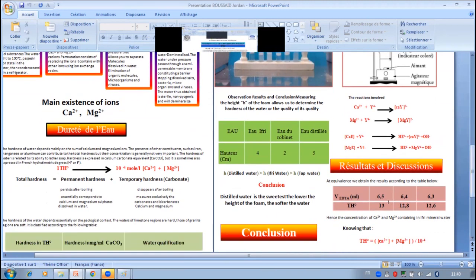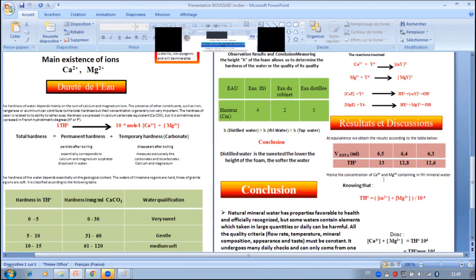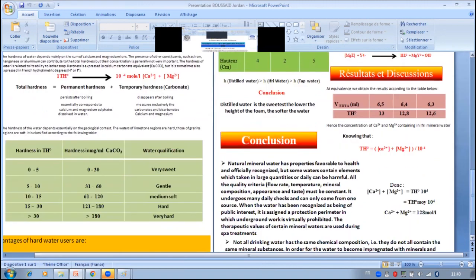We have 3 experiments. Hence, the concentration of calcium and magnesium contained in the mineral water. The hardness, we can calculate it with this relation. And we have 128 mole per liter.